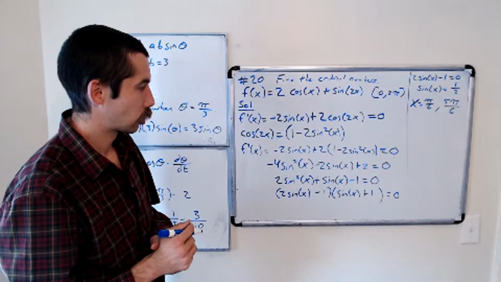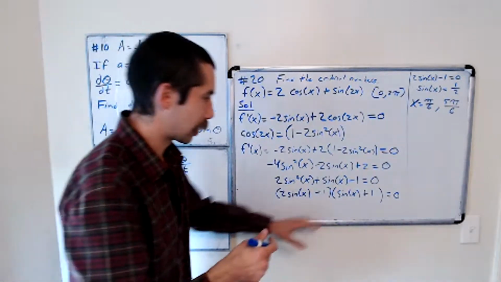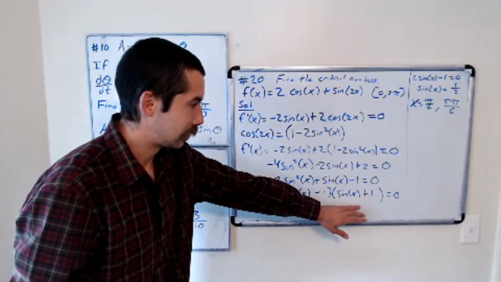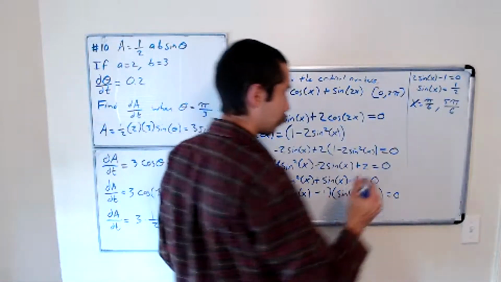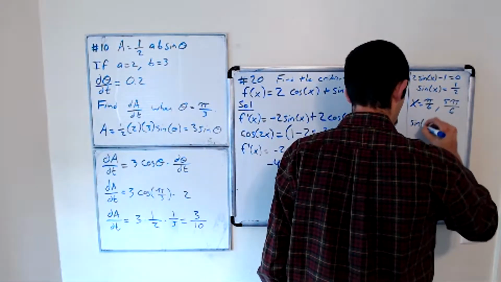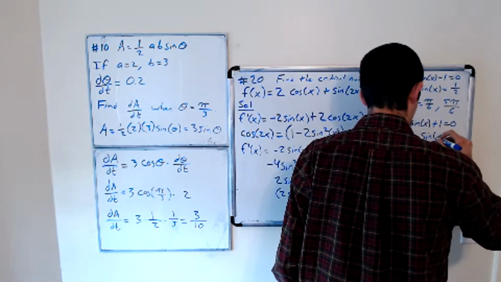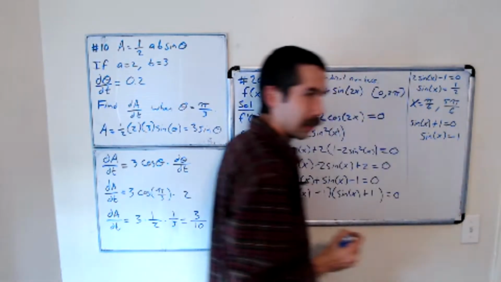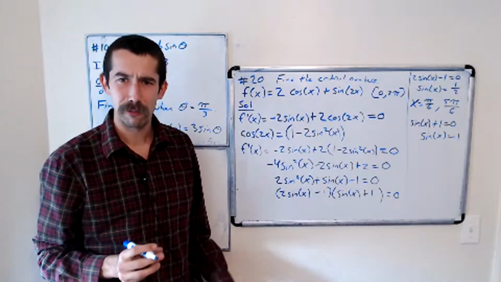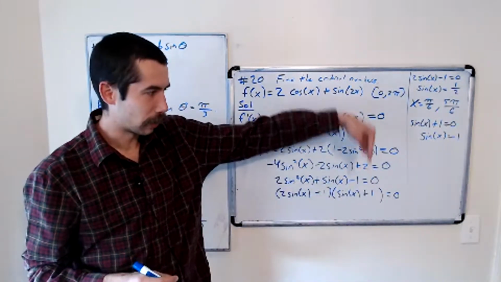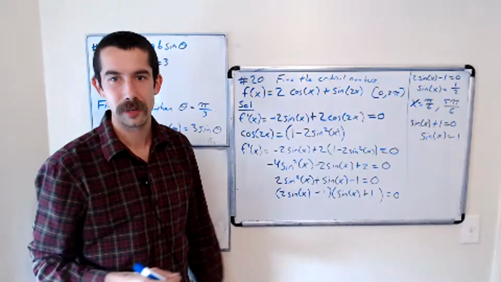And the other case is sine of x plus 1 equals 0, so that means sine of x equals -1. When does sine of x equal -1? Well, that's when we're pointing straight down in the unit circle. So that's 3 pi over 2.